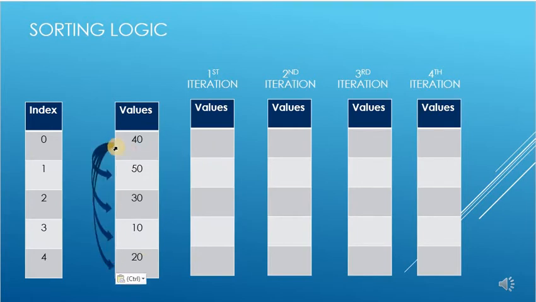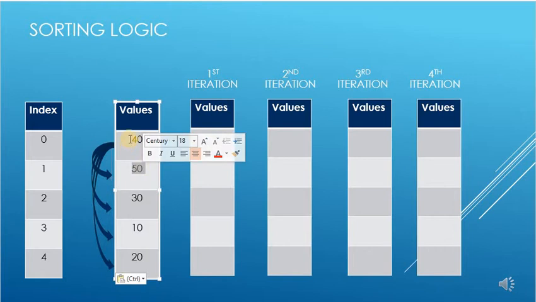So let me repeat, the 0th element will be compared to the first element. If the value of the 0th element is greater than the value of the first element, then the values will be swapped. Let me explain via practical implementation.